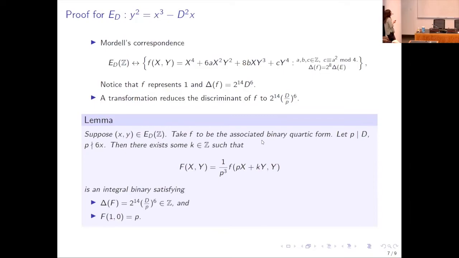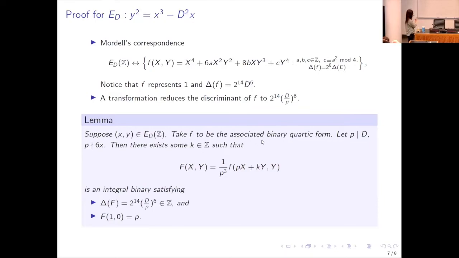The reason for doing this transformation is that now I have smaller discriminants. I have a set of binary quartic forms, but now they have discriminants little o of n if you pick P large enough, with a cost of changing what these forms represent.